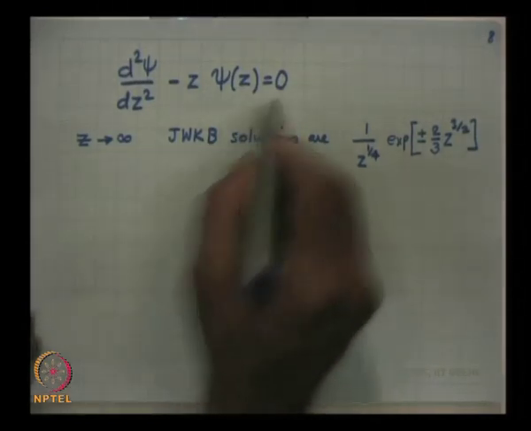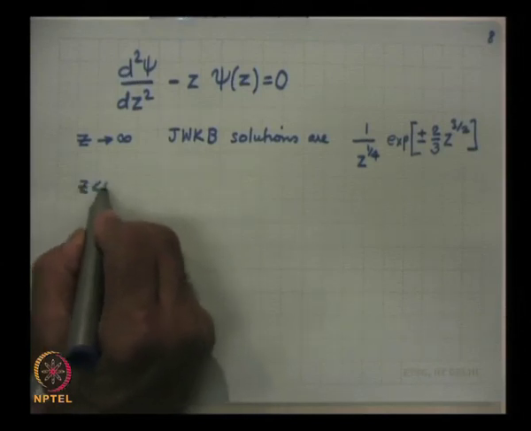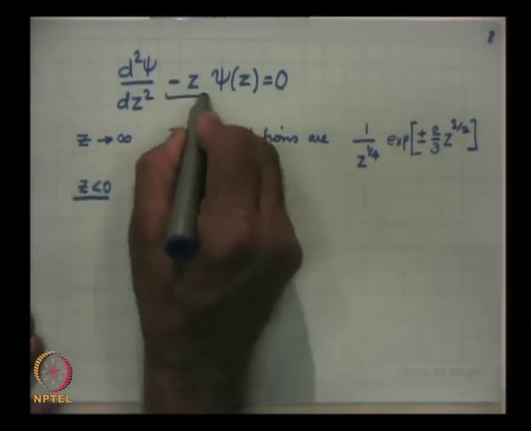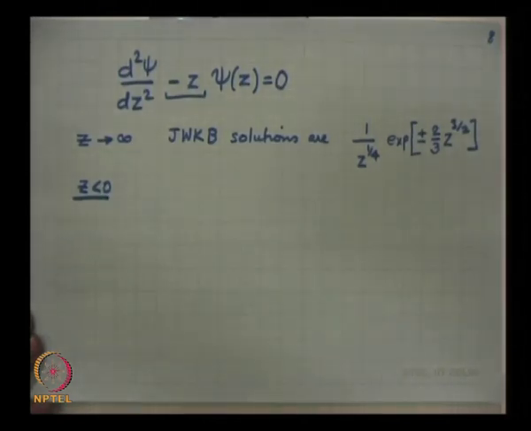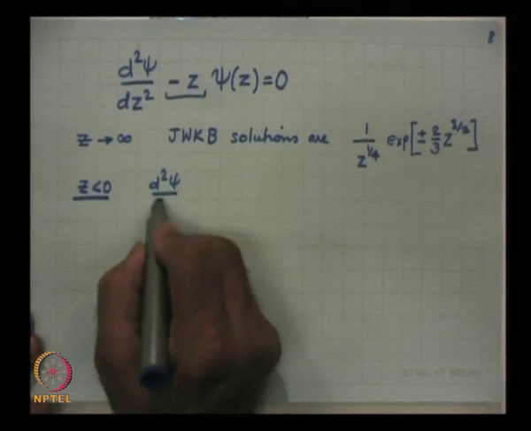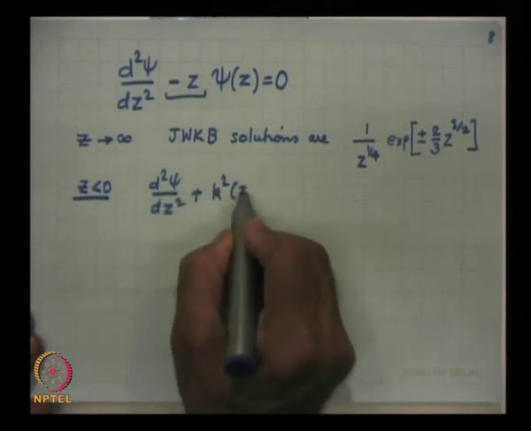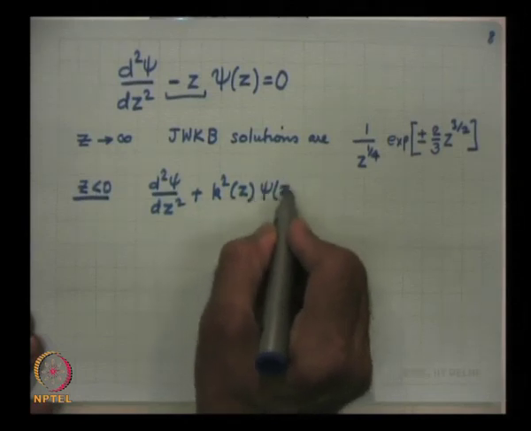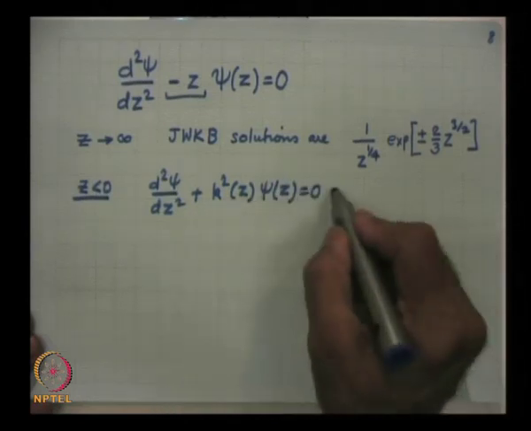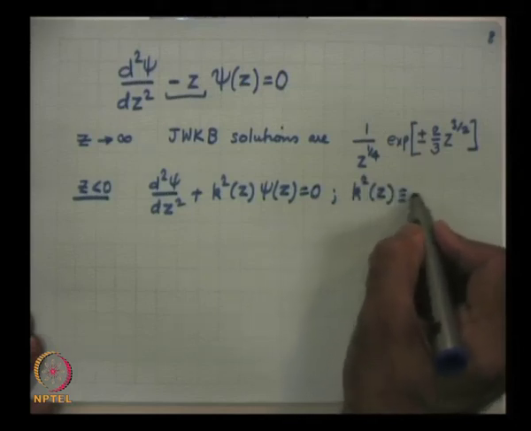Now, for z less than 0, minus z is positive. So, I must write it as d2 psi by dz square plus k square of z psi of z equal to 0, where k square of z is defined to be equal to minus z.